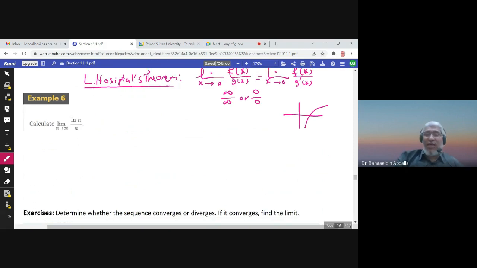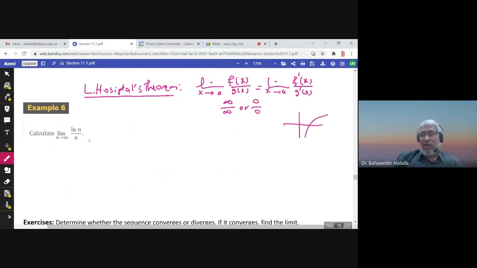We mentioned that if you have the limit of the function, then the limit of the sequence would be similar. So let us talk about the function f of x equals ln x over x, and let me find the limit when x approaches infinity of this function. Ln infinity over infinity, it will be infinity over infinity. Since it's infinity over infinity, I can use L'Hopital's rule. And whenever we use L'Hopital's rule, we write H here to tell him that I'm going to use L'Hopital's rule.